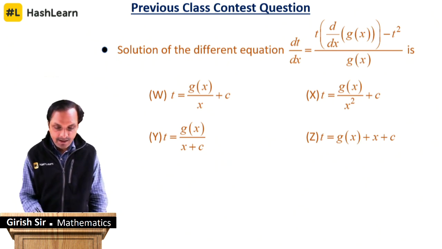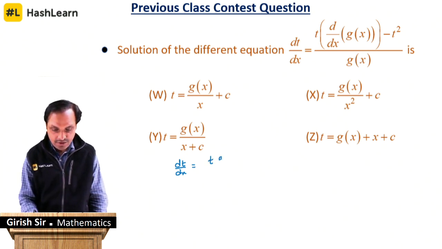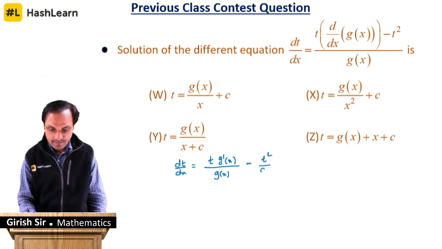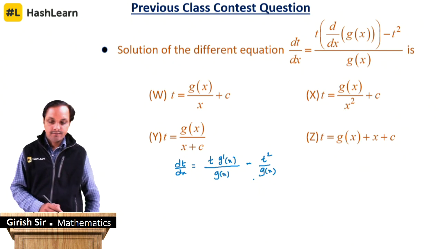So this is dt by dx is equal to t, this is g dash of x, this is g of x, and this is minus t square by g of x.